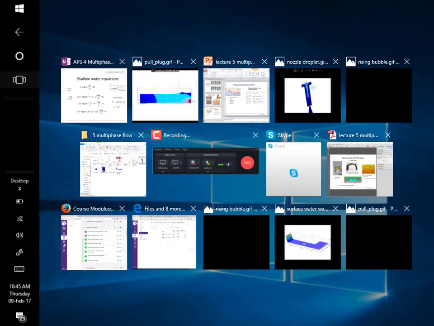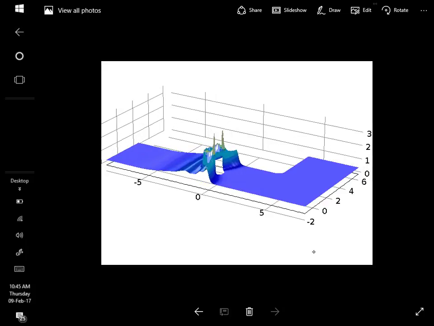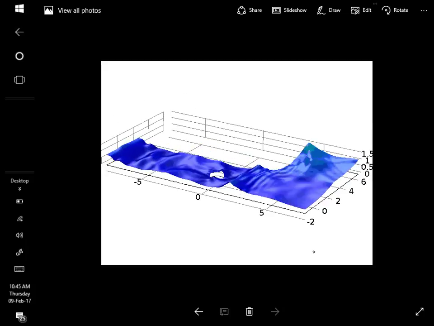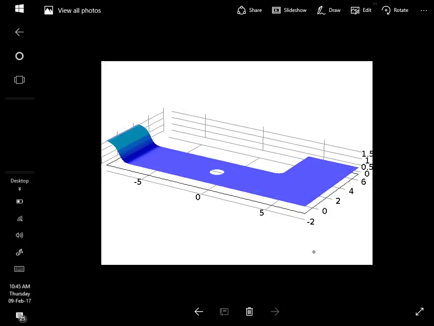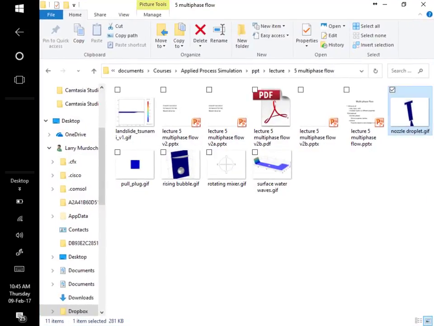So let's see. Here are shallow water equations. There we hit this protrusion in the flow, and we get these ripples forming. So that's one way to handle the free surface problem. And then we can have multi-phase flow that's handled with particle tracking.